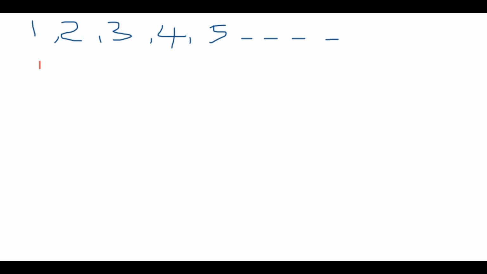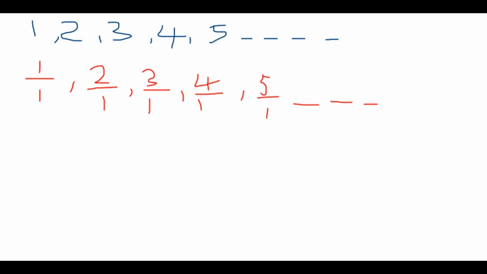Now the fractions you are familiar with might be something like 1 over 1, 2 over 1, 3 over 1, 4 over 1, and 5 over 1, and so on and so forth.